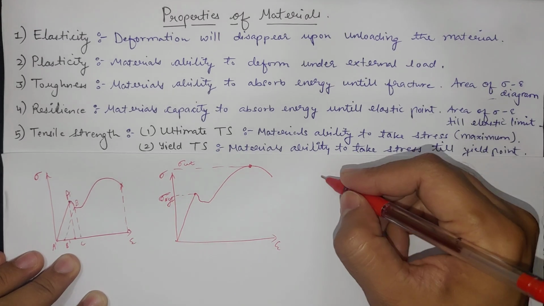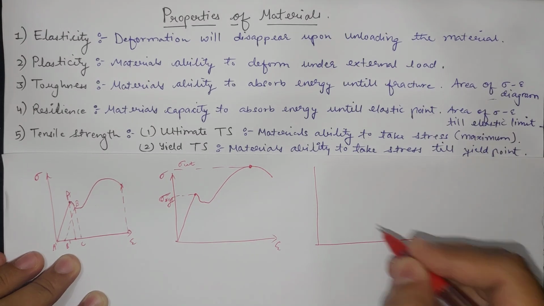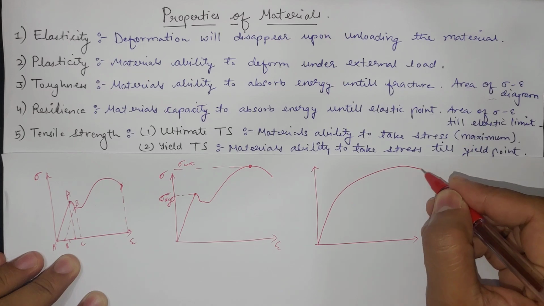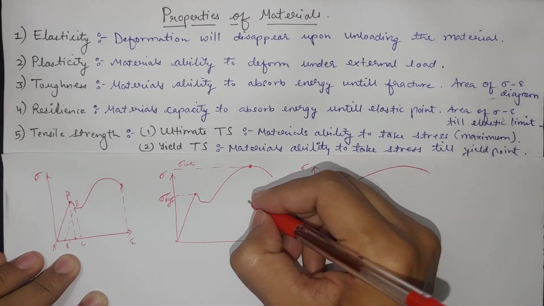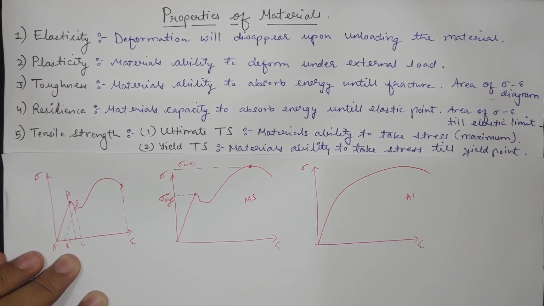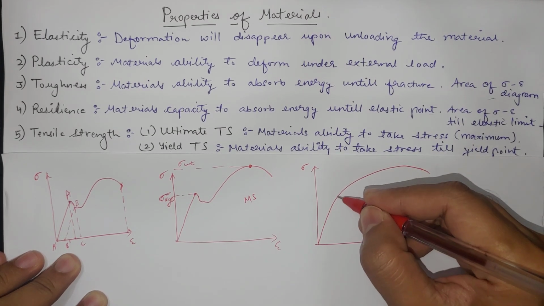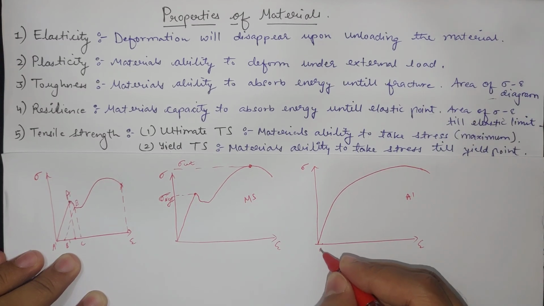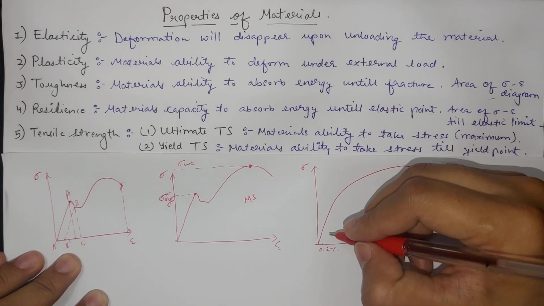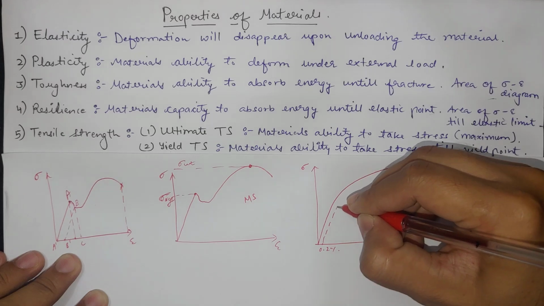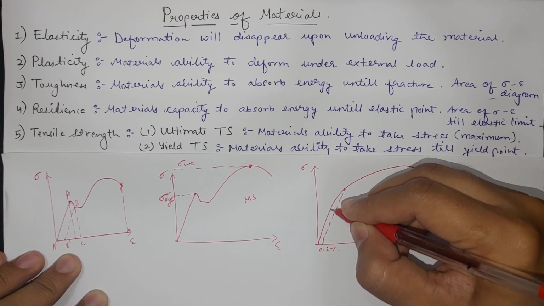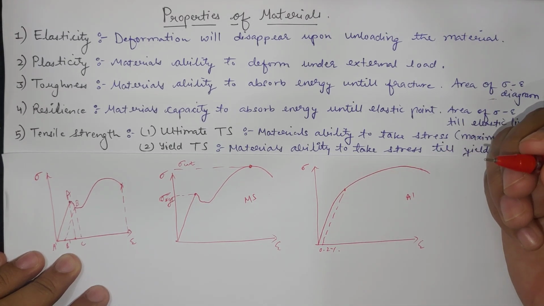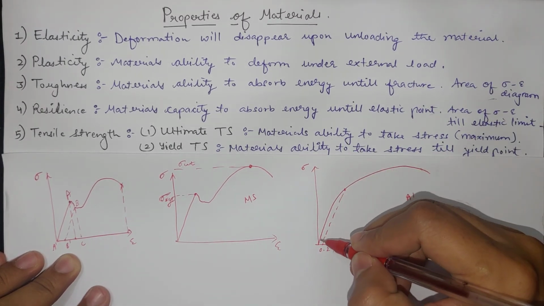And if we draw it for aluminium, or some material in which there is no particular defined yield point, this is for mild steel, this is for aluminium. So here what we do is we take a deformation up to 0.2% strain, and we draw a line parallel with the elastic line, or the slope of the stress strain curve, which is also known as Young's modulus.